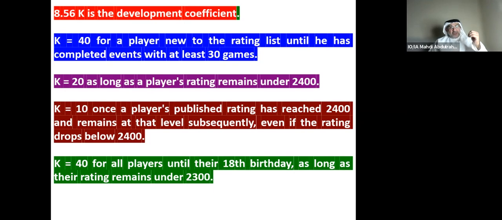So the K factor starts from 40 for all new players until they have played 30 games. When I say 30 games, I mean 30 rated games.